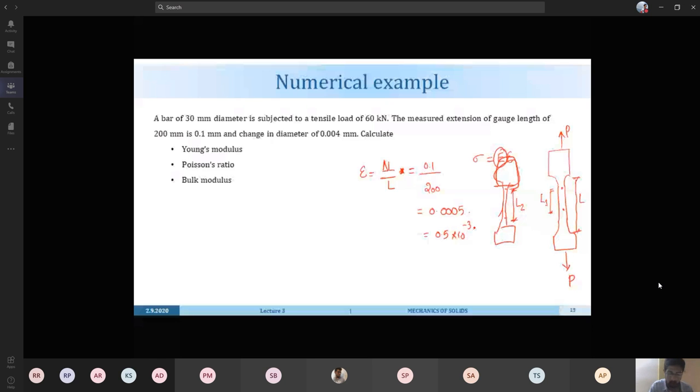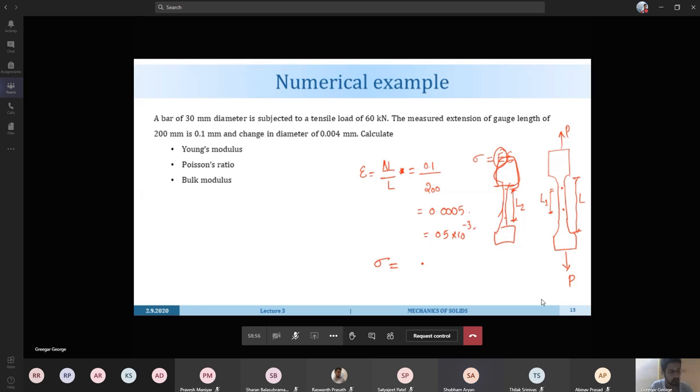So you got epsilon here, and what will be the value for the stress? Sir, 60 kilonewton divided by pi into 15 squared, so it will be 0.084. The main problem is that you spoiled the units.